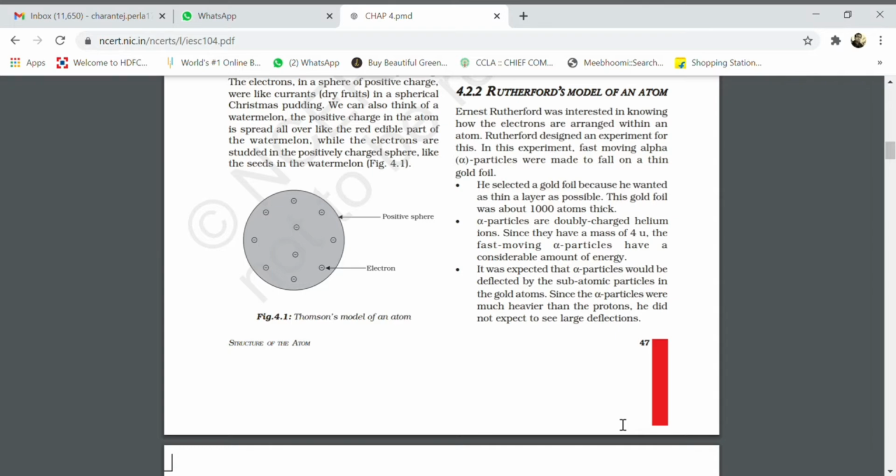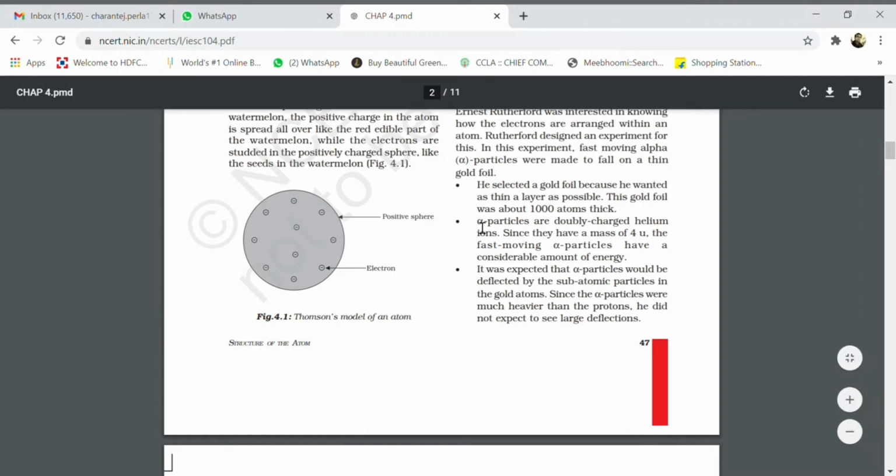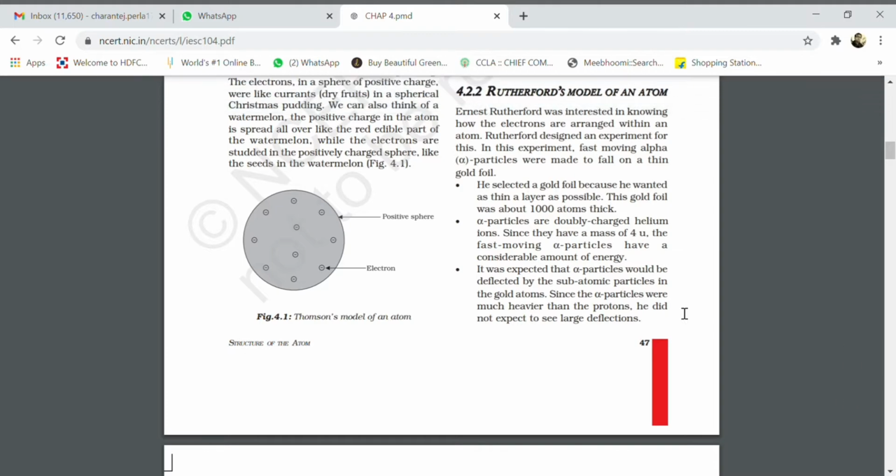He beat the gold foil about 10,000 atoms thick, and he directed alpha particles, which were double charged helium ions, at it. As you learned, the helium atomic number is 2, so double charged helium ions have a mass of 4u.